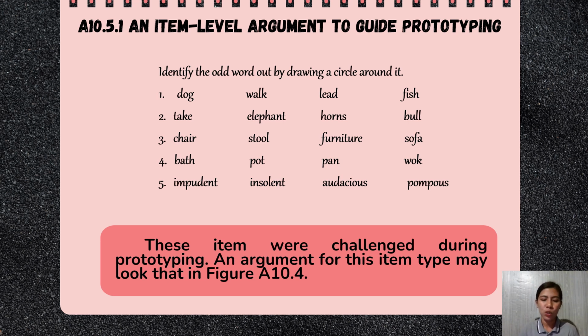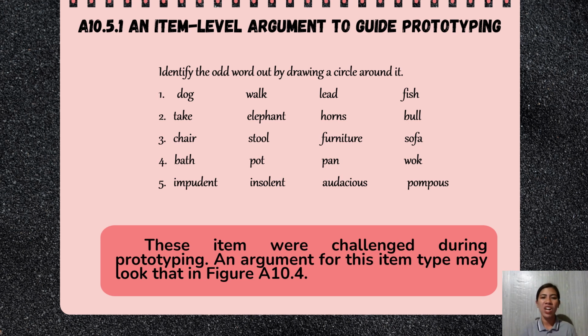These features were drawn from theory and previous research, which led us to construct items that tested words in collocation and sets. So we have an example here of a test item, which is to identify the odd word out by drawing a circle around it.